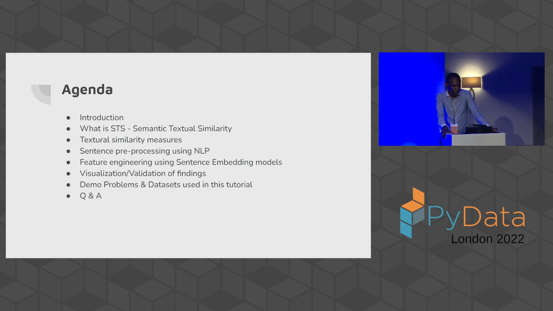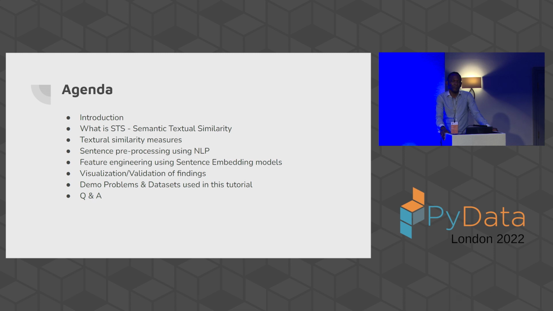Then we'll look at some basic NLP pre-processing steps required. And then we'll dive into some feature engineering steps that are required in order to convert text into a form that allows it to be processed by a machine, essentially embedding.